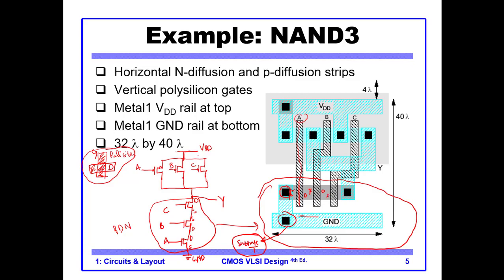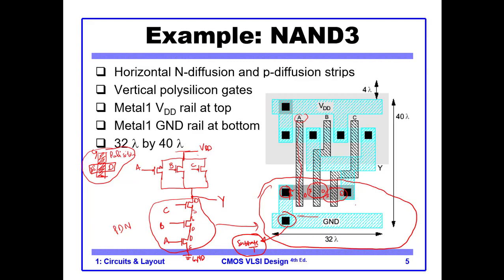So this is transistor B, and this is transistor C, and they are in series because they are connected. The drain and source of A and B are connected, and the drain and source of B and C are connected. So they are in series.